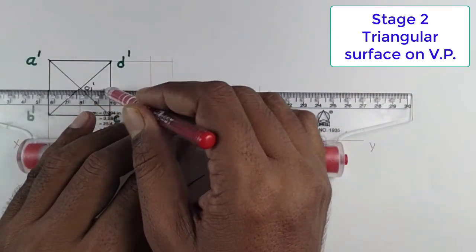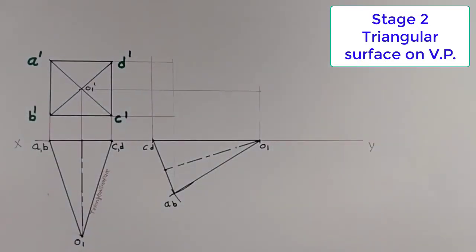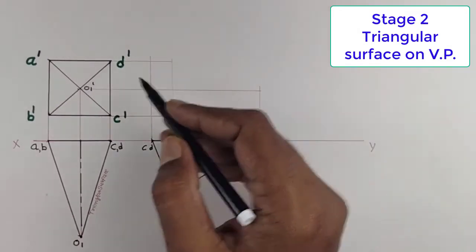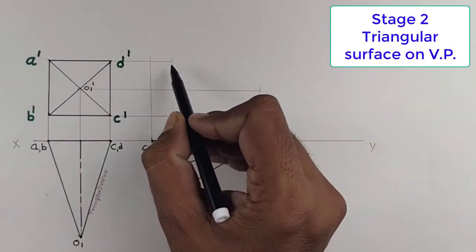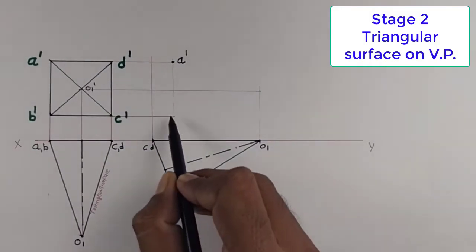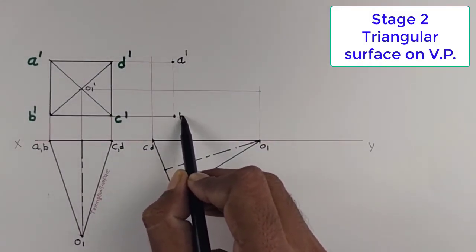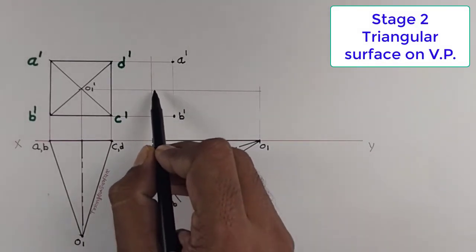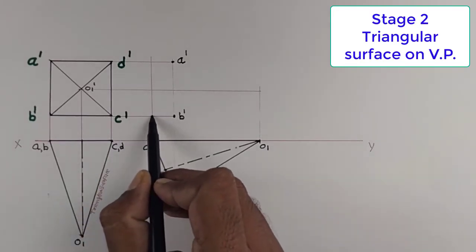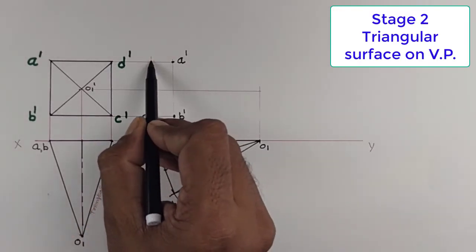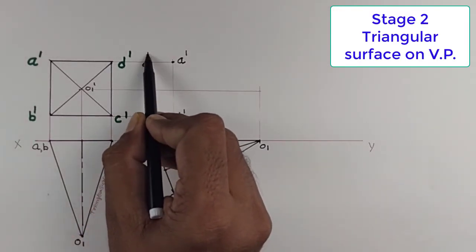I am transferring the apex locus. Now you can mark your intersection points. So this is my A and B. So it is A dash locus, where we mark the elevation point A dash. It is our base point elevation B dash. This is our C point locus, this is C dash. So it is our corner C dash, and this is your corner D dash.